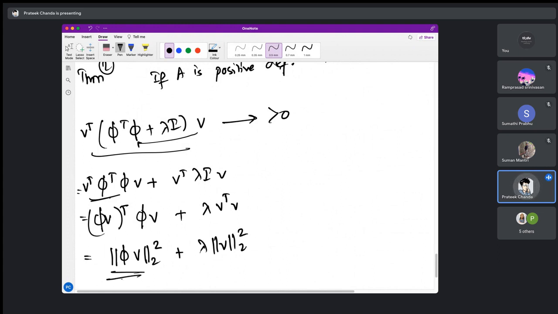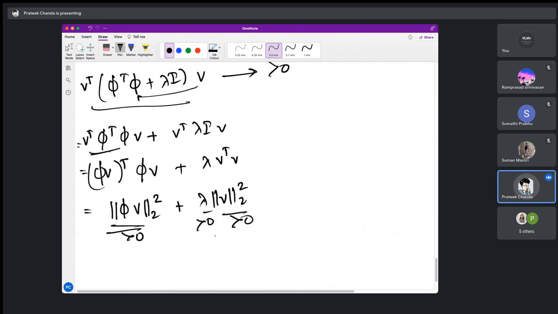Now this thing is a positive thing, this thing is also a positive thing, and lambda we already defined as a positive thing. So for lambda greater than or equal to 0, this is always greater than or equal to 0. Obviously we don't want lambda to be negative because it doesn't make sense, since we are using it as a weighting, a balance mechanism to balance either the entire L2 loss or the regularization penalty.